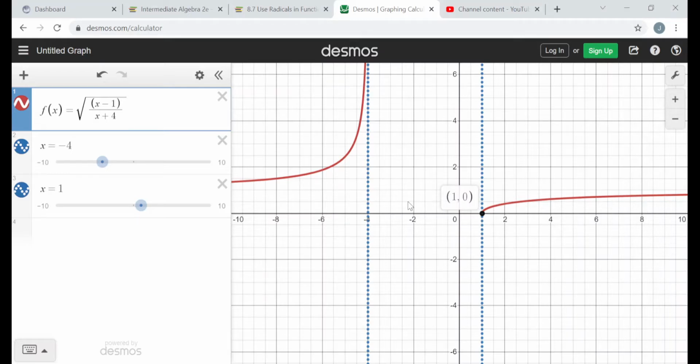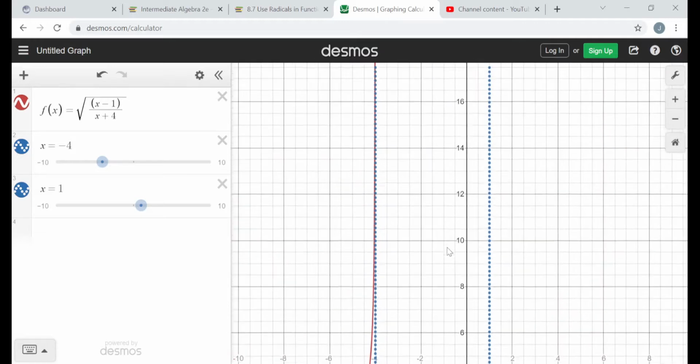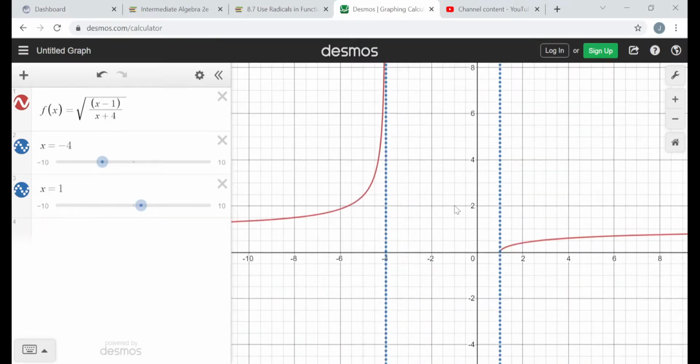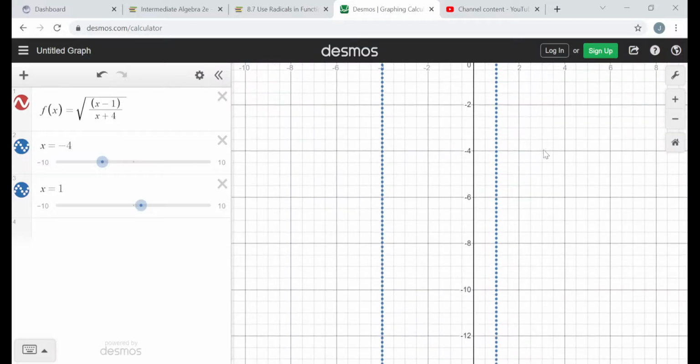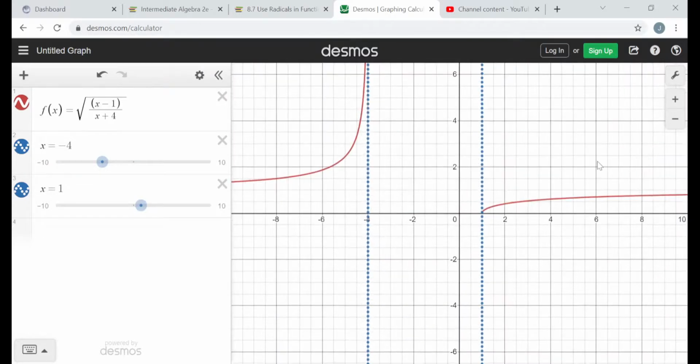And notice that in between the two vertical lines I put up, between x equals -4 and x equals 1, there is no graph. There is no graph in this band here. And that again fits with the domain that we wrote.